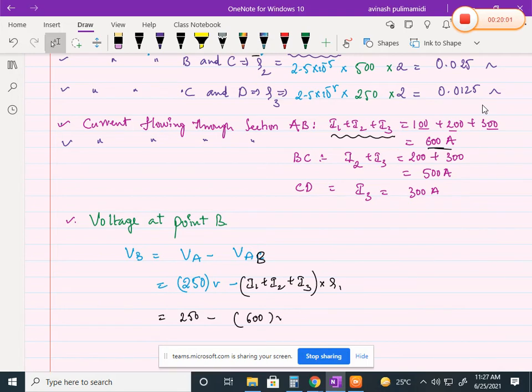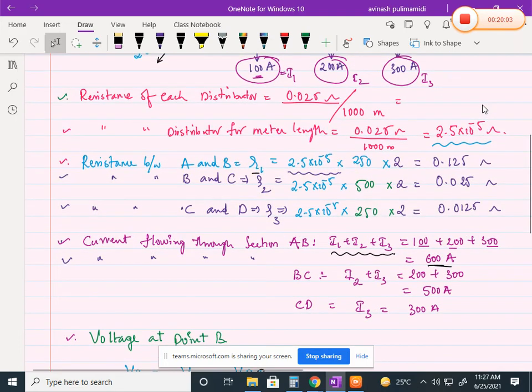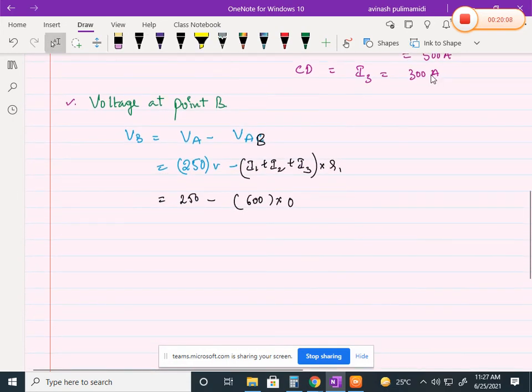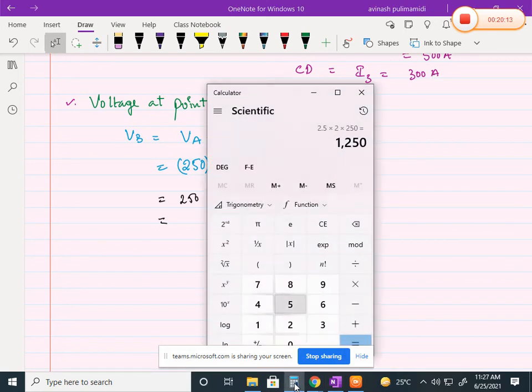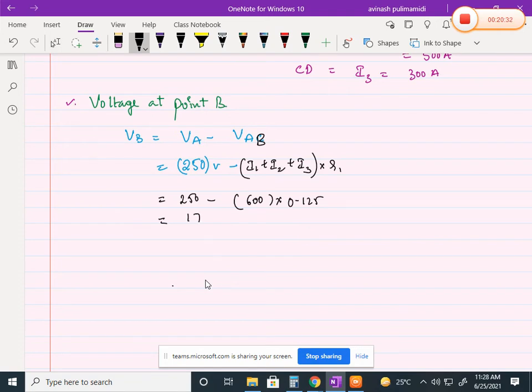So 600 multiplied by the value of R1, 0.0125. Solve this value. 250 minus 600 multiplied by 0.0125. What value do you get here? 175. 175 volts is the voltage at point B.